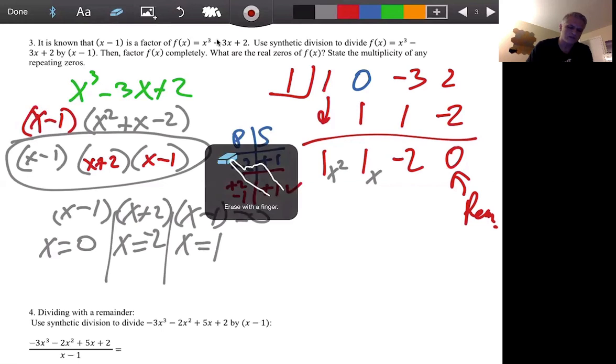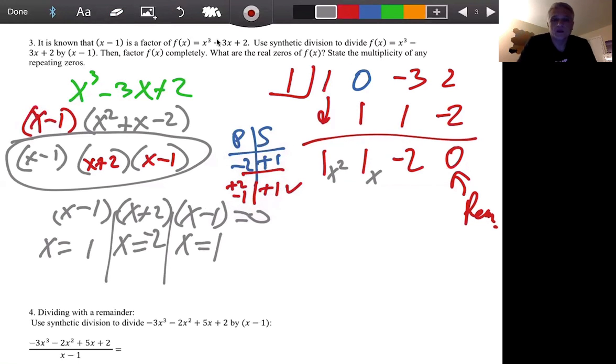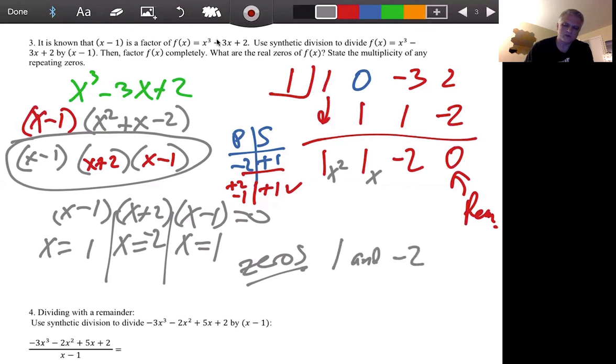Oh, look at that. Cha-ching. Got zeros on my head. Okay. Well, what are the different zeros that we have? The real zeros are 1 and negative 2.